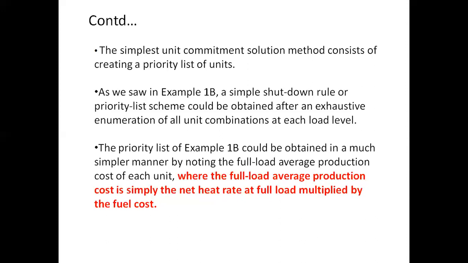Again, I am repeating, the unit which has the minimum full load average production cost gets the topmost priority and will come at the top of the list of all units when applying the priority list method.